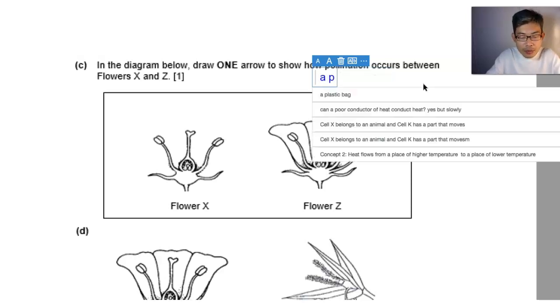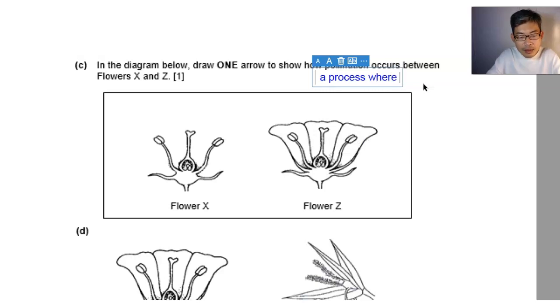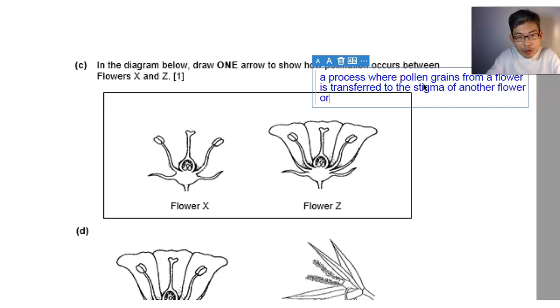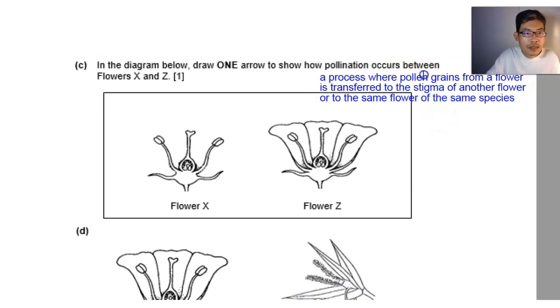It is a process where pollen grain from a flower is transferred to the stigma of another flower or to the same flower of the same species. That's the meaning of pollination.